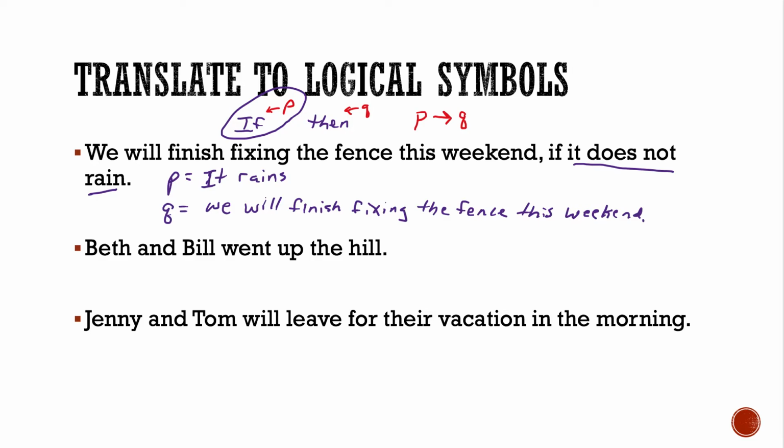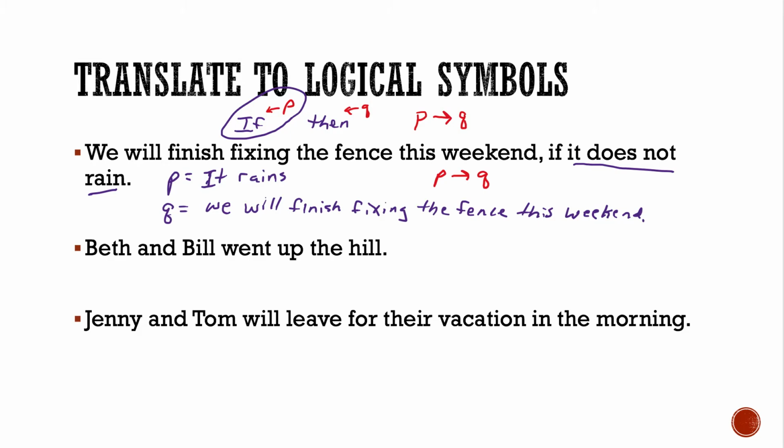Now, if I write it this way, then what I have written is, if it rains, then we will finish fixing the fence this weekend. That's not exactly what the original statement says. The original statement says, if it does not rain. So how do we do that?